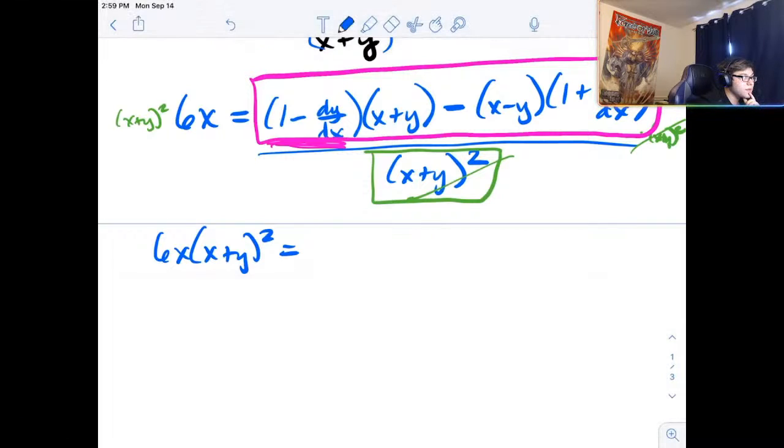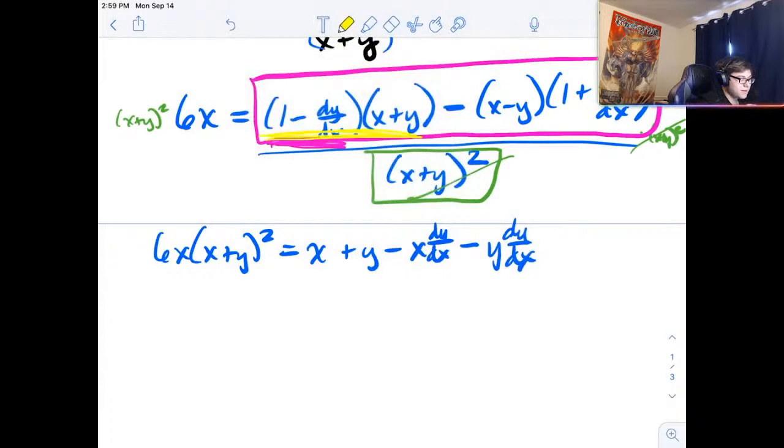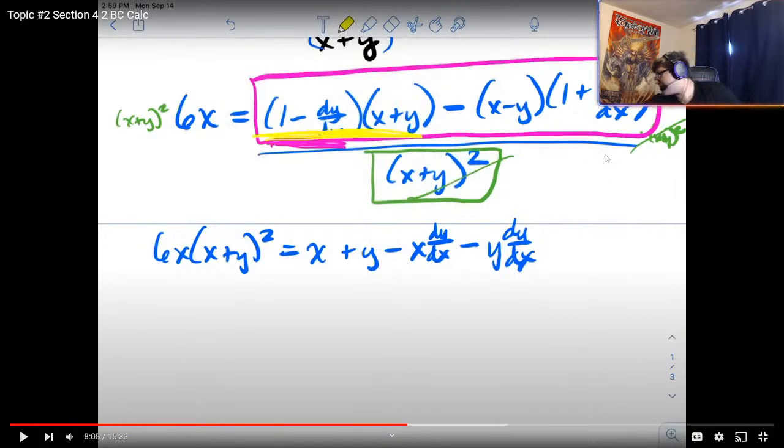So if I FOIL, I wind up getting x plus y minus x with a dy dx stuck to it, minus y with a dy dx stuck to it. So that was me foiling out these four terms, right?